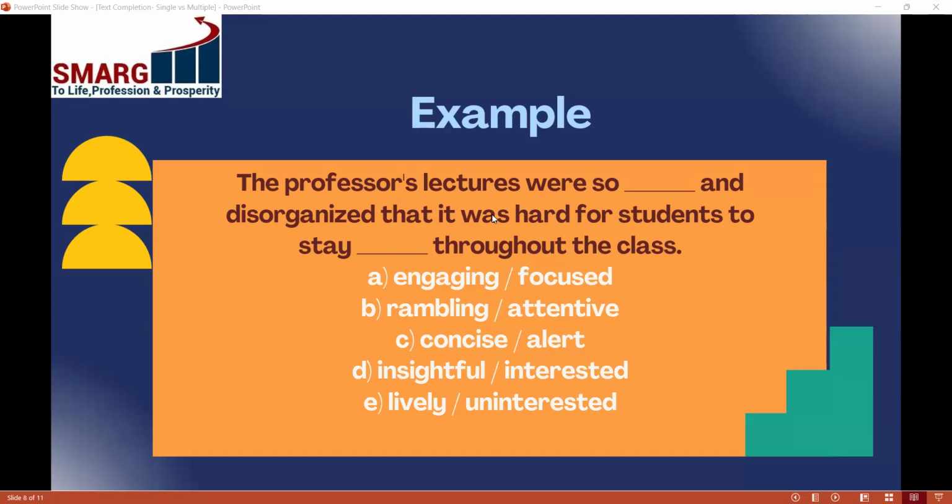Again, focused looks like a very good adjective, but I guess whoever chose A focused on the blanks in isolation. Exactly, that is something that you should not be doing. Also, when we have a better word, let's take a look at the options for blank B: focused, attentive, alert, interested, uninterested.